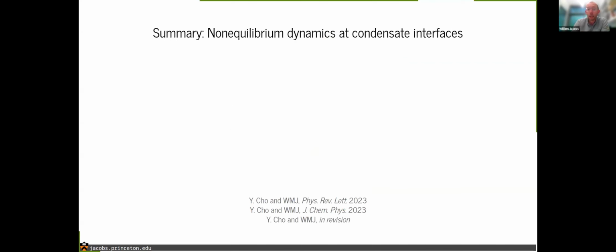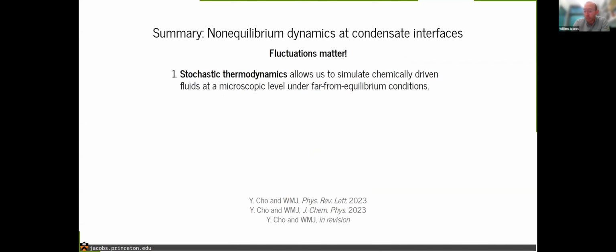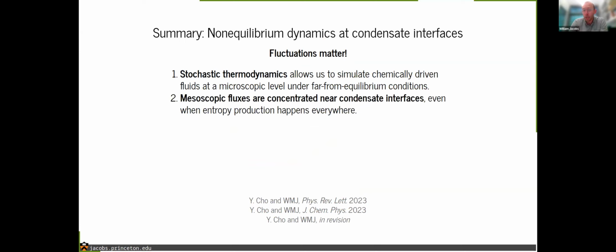All right, so to sum up, fluctuations matter. I've shown you that stochastic thermodynamics allows us to model these types of systems far from equilibrium. When there are mesoscopic fluxes in these systems, they're concentrated near interfaces.